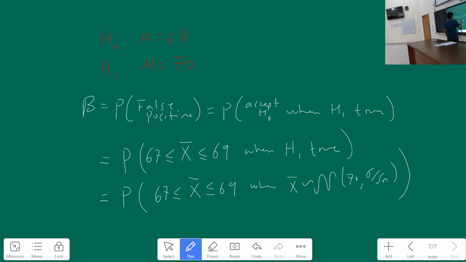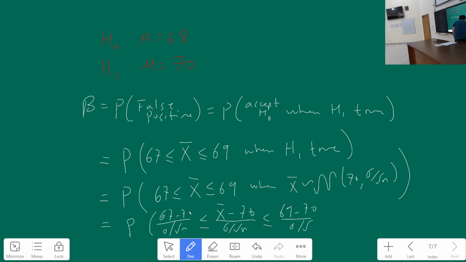So now you can just redo this now. So this probability is going to be equal to the probability that (X bar minus 70) divided by sigma over square root n lies between (67 minus 70) divided by sigma over square root n and (69 minus 70) divided by sigma over square root n.